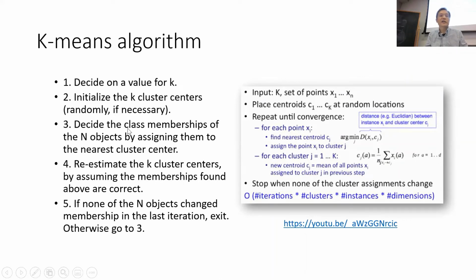Then decide the cluster membership by computing the distance between the data points you want to cluster and those random centers. You estimate the center again, then move and repeat. So that's the iteration.